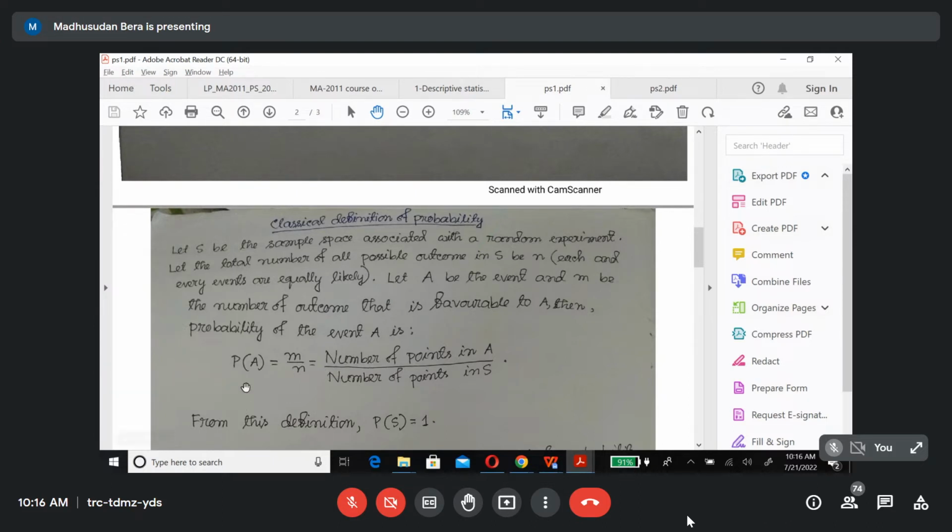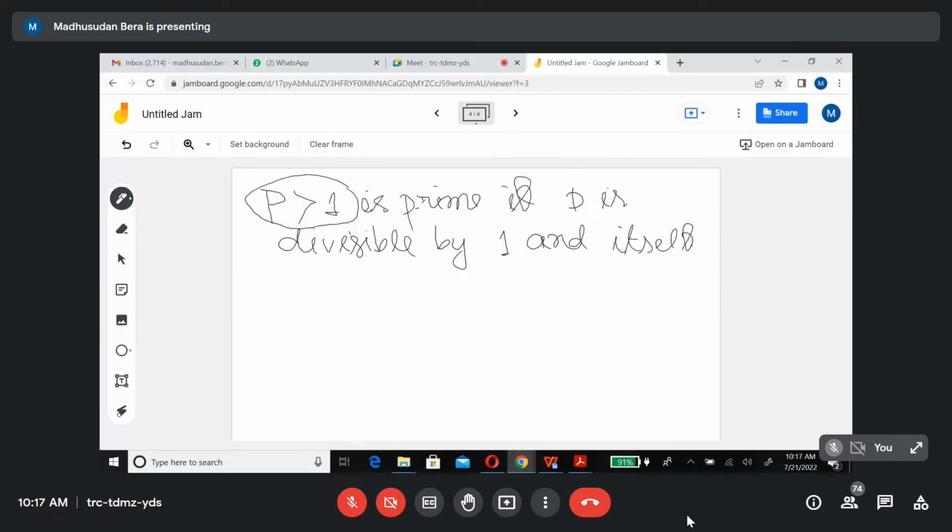Now the probability of the sample space: the number of points in S divided by the number of points in S. So from the definition, P of S is 1. What is P of phi, the empty event or null event? P of phi is 0.